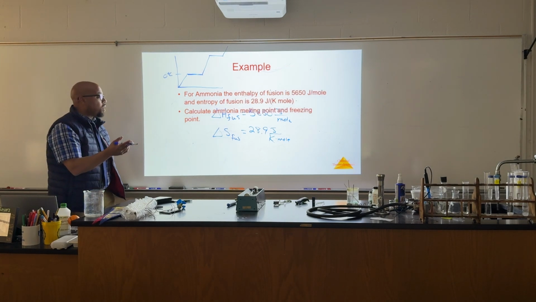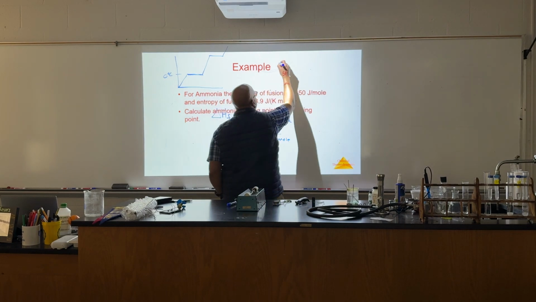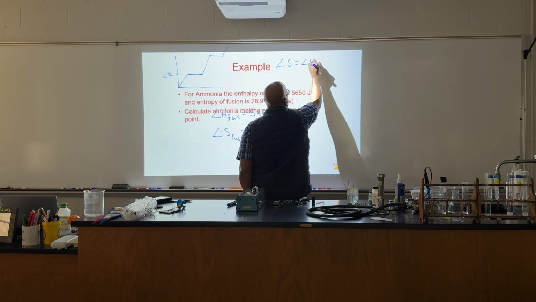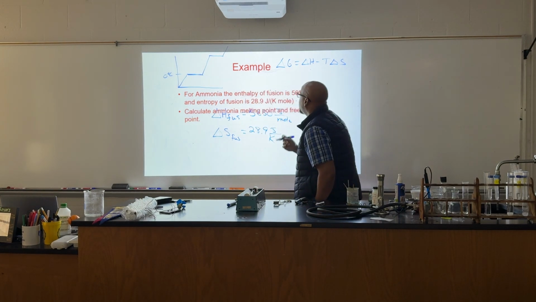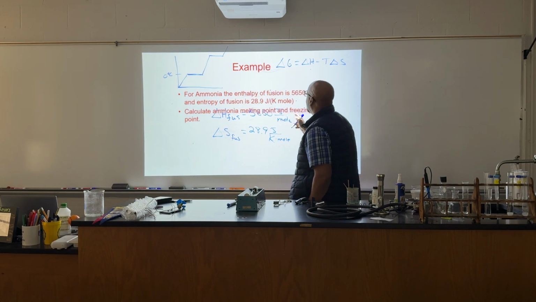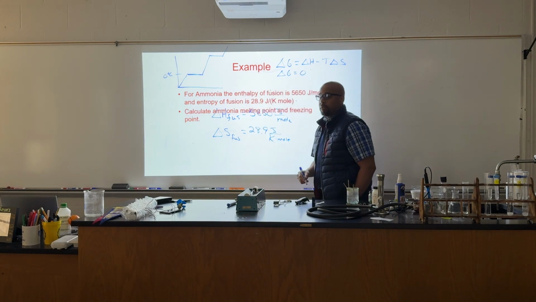It's melting and also freezing, which means I can go to the equation delta G is equal to delta H minus T delta S. If that's an equilibrium, because it's both melting and freezing at the melting freezing point, then my delta G for equilibriums, we said, is equal to 0.